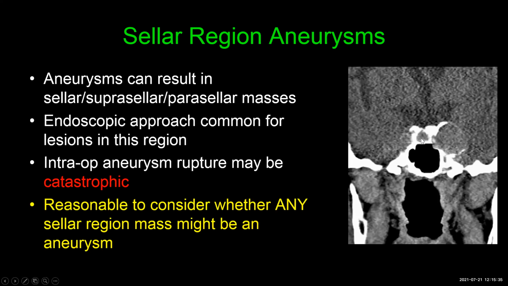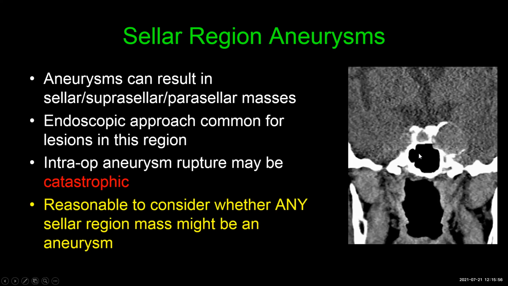But if there is an adjacent aneurysm, or if the tumor is actually an aneurysm, you are left with a potentially catastrophic situation where there's a breach of an aneurysm wall with a lot of difficulty in controlling bleeding when you are dealing with just an endoscope.